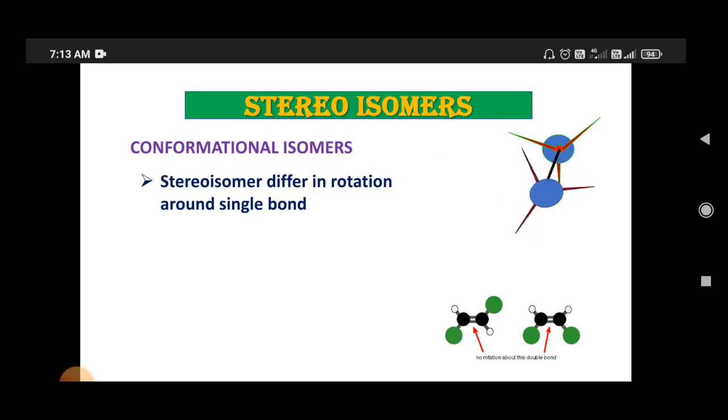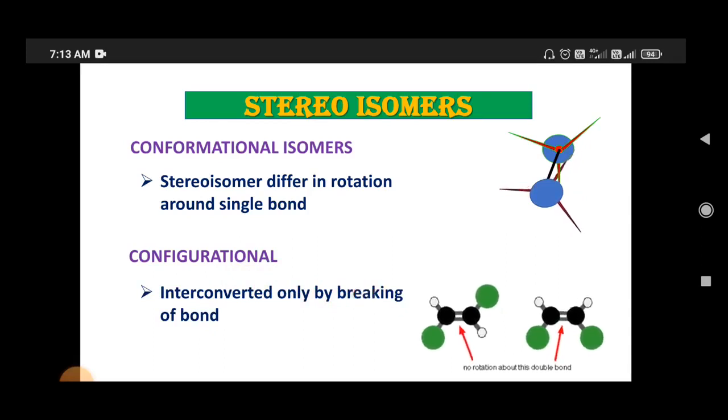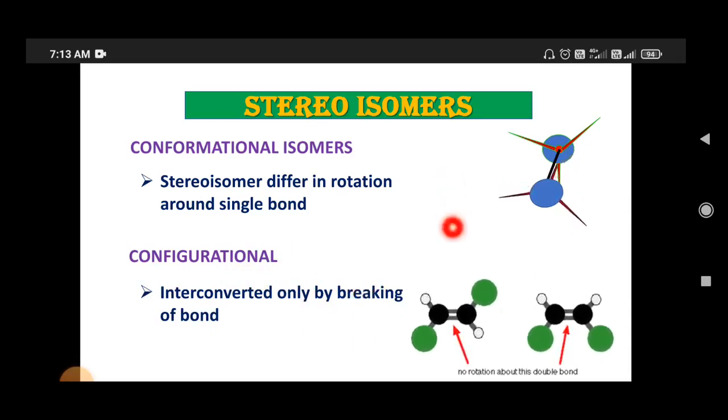Another type of stereoisomer is configurational isomers. This isomerism arises only around a restricted bond. The configurational isomers can be interconverted only by breaking the bond. For example, in a carbon-carbon double bond, the pi bond is formed by side-way overlapping of the p orbitals, so this carbon-carbon bond cannot be freely rotated.